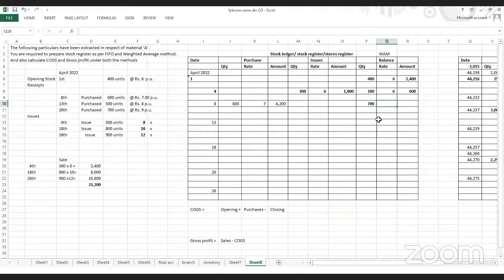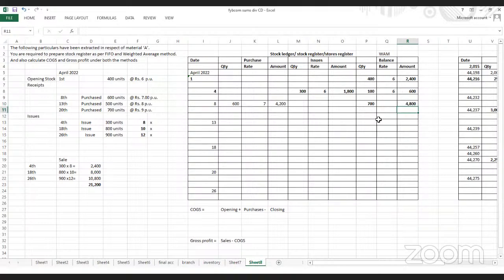Just add previous day's closing with current day's purchases. You'll get the new quantity. Same way, do it with the amount also. Balance amount was 600 and new purchase amount is 4,200. So you get the new amount. Clear? Add quantity, then add amount. Now how to get rate?